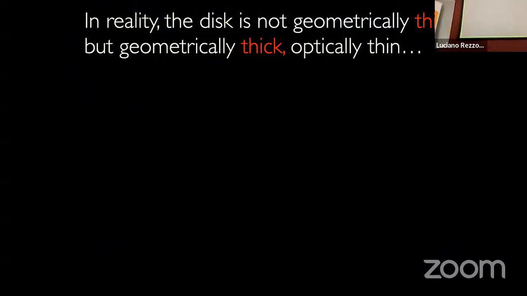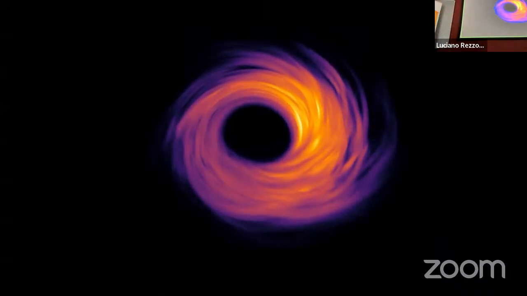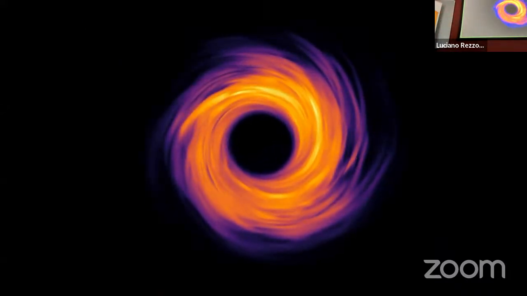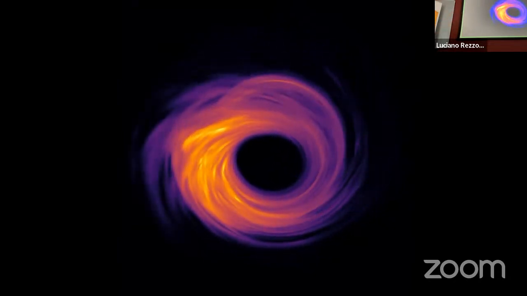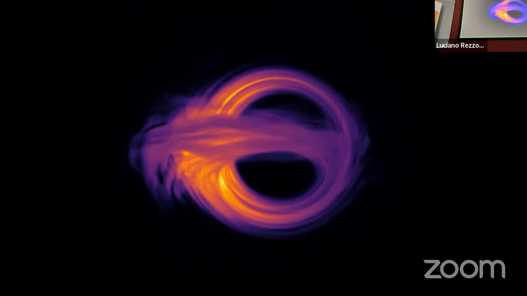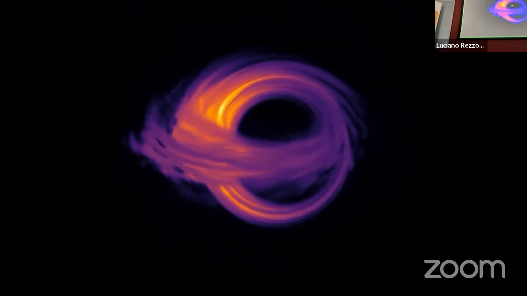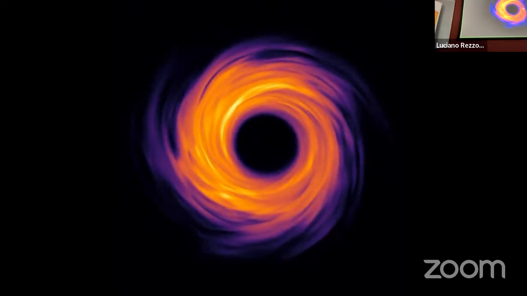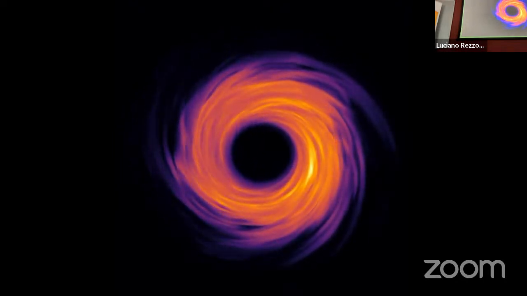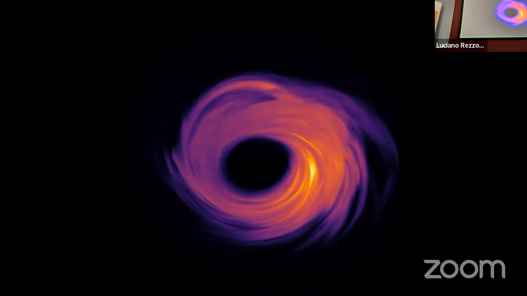Now, what is wrong in the Interstellar is that the disk is not thin, but as I said, it's thick. So you have to think about a donut. And this donut, the way it will appear will be different according to an inclination. You see that you will see two black regions, or you will see a single black region. You will see a uniformly bright region if you see it from the top exactly.